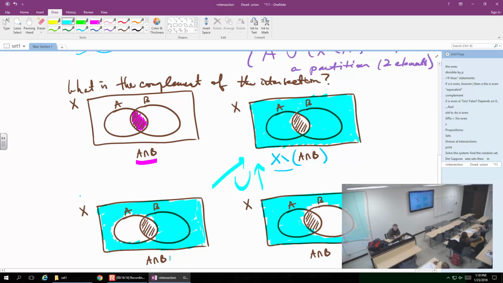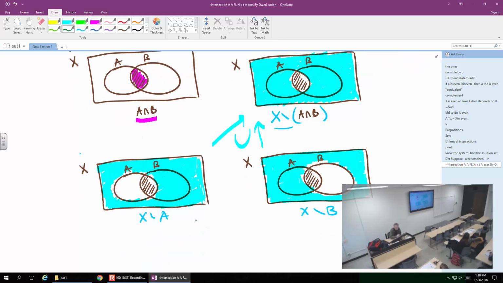So once again, what am I looking at here? On the left I have the complement of A and the complement of B. And then, there you go. So what we're claiming to have here is X minus (A intersection B) is equal to (X minus A) union (X minus B).